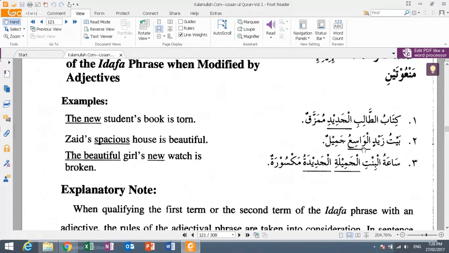This is not a Mawsuf Sifa. The first one was Mawsuf Sifa. So now you can see this is not a Mawsuf Sifa. And here, see the third one, Al-Bintil Jamilati. This one is Mawsuf Sifa. So because this is Mawsuf Sifa, we have to follow exactly the same. This is majroor, this is majroor.